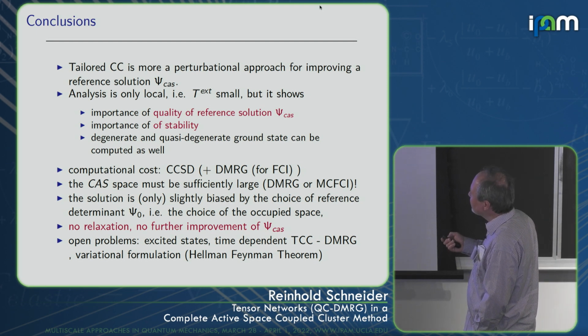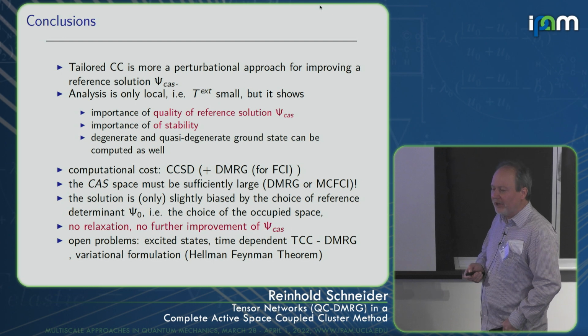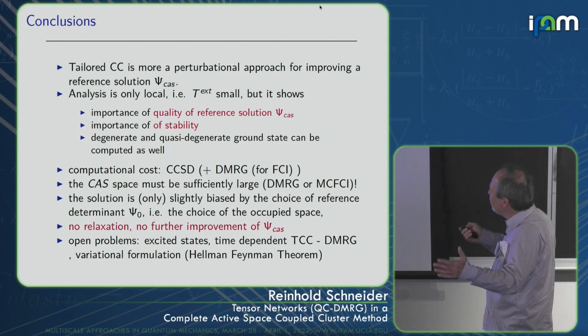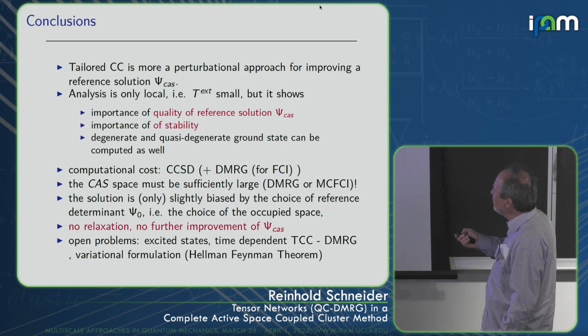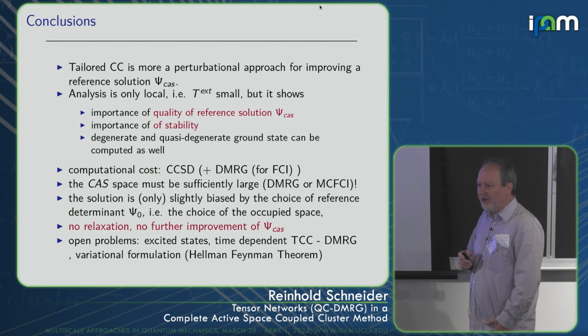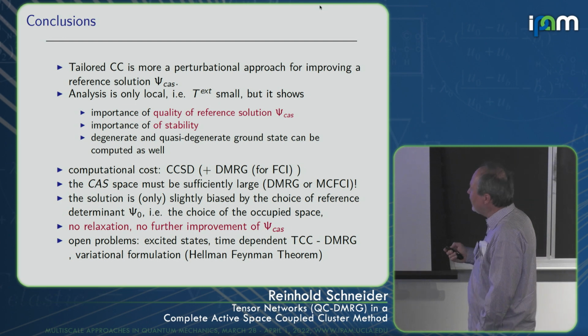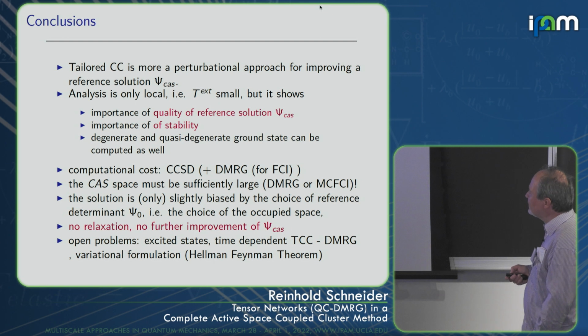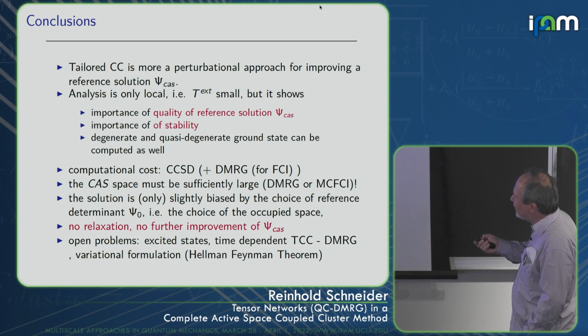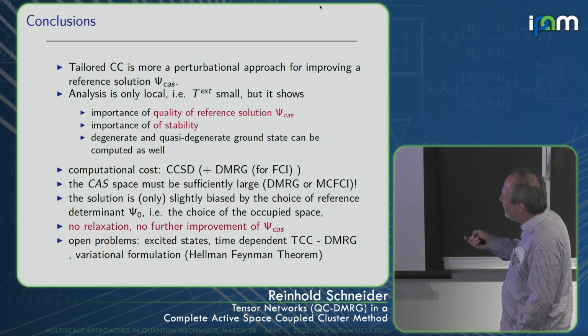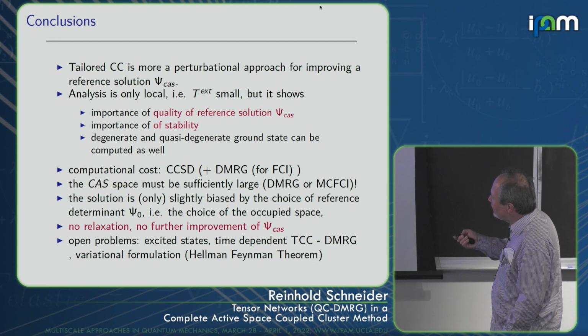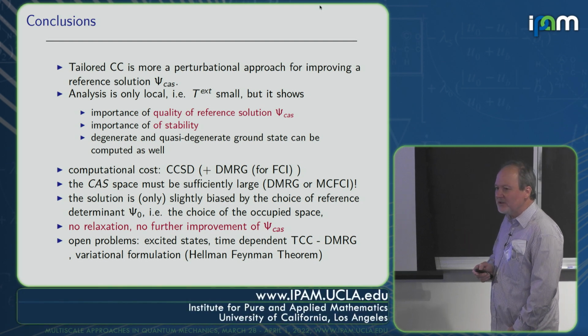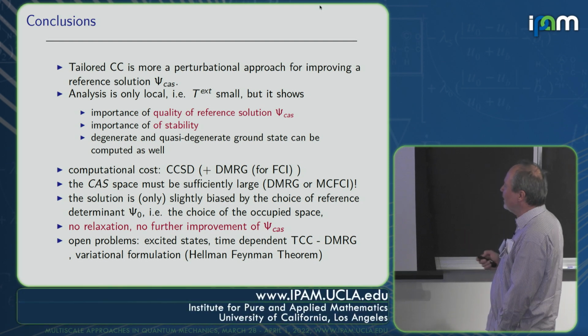So tailored coupled cluster is more like a perturbation approach, a way of improving the DMRG solution. Yeah? We have an analysis, I will not talk about this. Okay, what is important in our analysis, we see that the stability of the coupled cluster system becomes much nicer. Yeah?